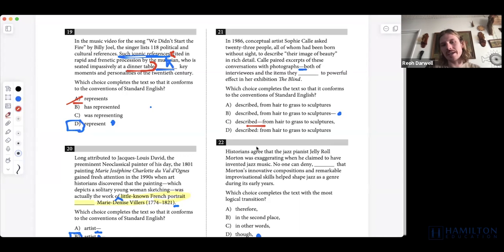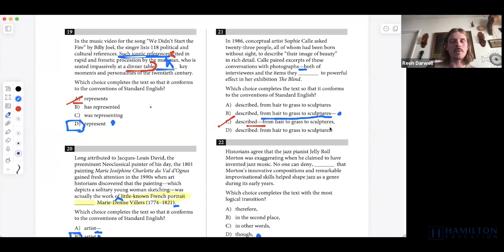But what you did incorrectly is you didn't notice that this whole unit is a non-essential phrase. Remember, a non-essential phrase can have non-essential elements in it, all right? So, from hair to grass to sculptures is a bit of a non-essential unit within it.